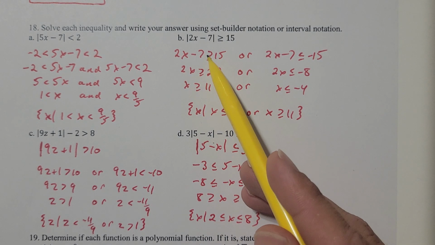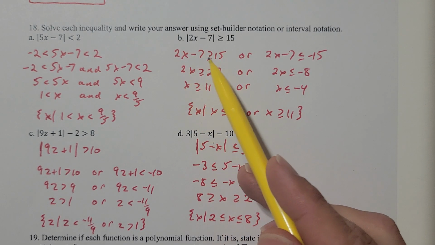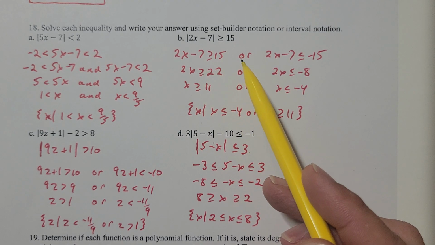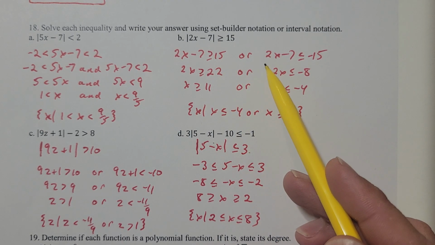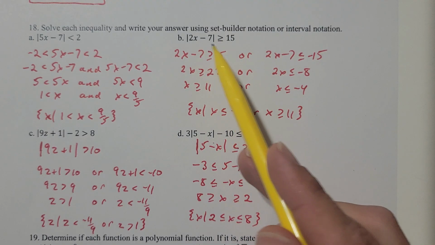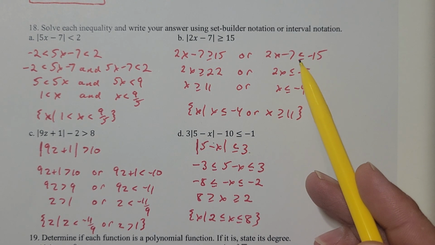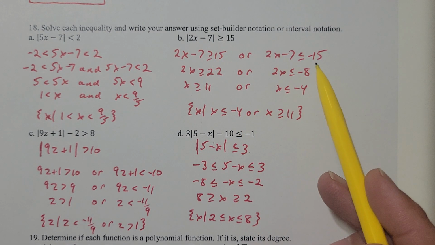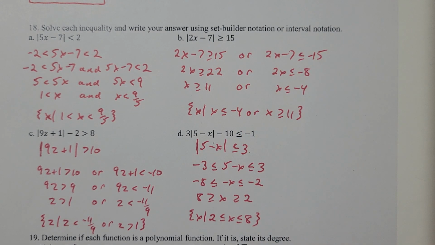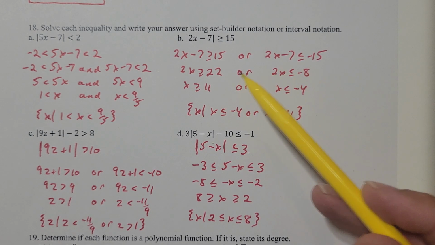One of them is like pretending that the absolute value bars aren't even there. So I've got 2x minus 7 greater than or equal to 15, or the other one is 2x minus 7 is less than or equal to negative 15. So I flip the sign and throw a negative on the right. Or would be a key word.